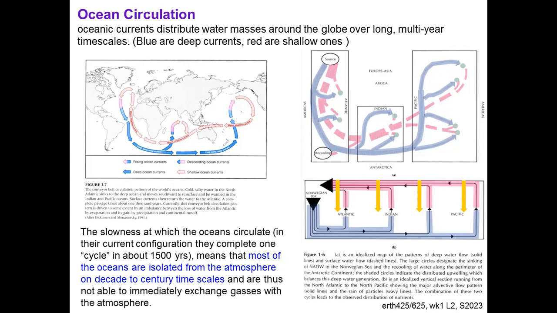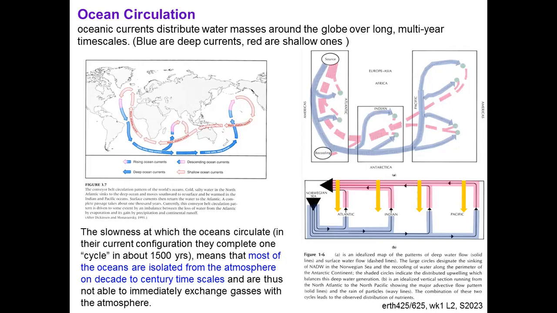That sea ice excludes salt, so it makes the water beneath the sea ice just a little bit saltier, enough to get dense and sink down to the bottom of the Atlantic Ocean. Some of that water comes back in the Southern Ocean, and during the wintertime down there sits under the ice sheet in the Weddell Sea, and therefore also gets salty, sinks again, and then forms the deep water circulation.